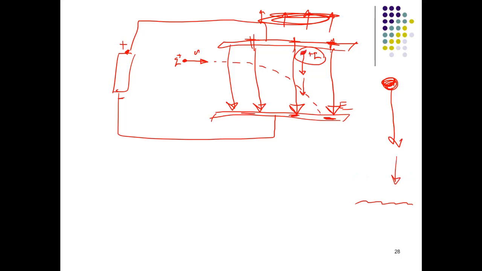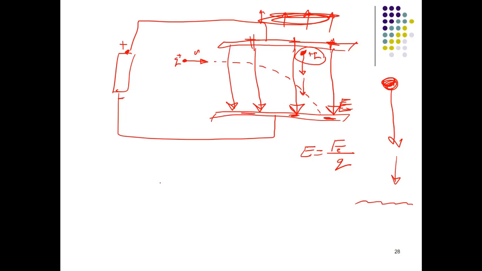Here, why does this Q go downward? Because there is an electric field and there is an electric force, because E is equal to F divided by Q. So in principle, we should be able to use all the equations that we learned in physics 1, such as conservation of energy and kinematics, in dealing with problems.